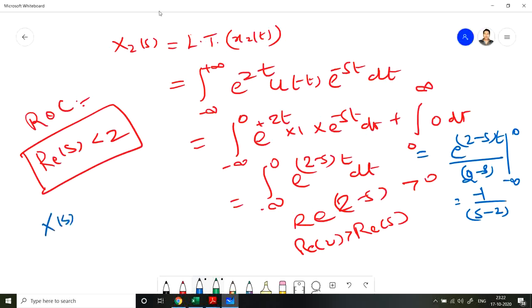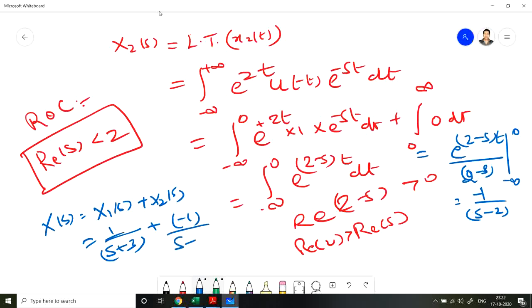So X(s) is equal to X1(s) plus X2(s). X1(s) is 1 divided by s plus 3, and X2(s) is minus 1 divided by s minus 2.